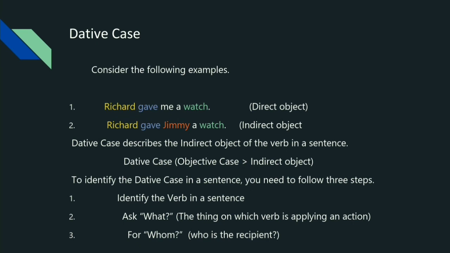What is the thing on which the verb is applying an action? It is a watch, so it is the direct object. But we have to find the indirect object, so we have to ask who is the recipient of that thing. So the answer would be Jimmy. So Jimmy is our indirect object, so it is said to be in a dative case.